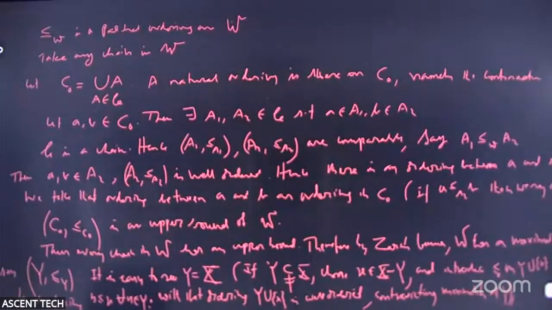After all, one question I have here. So we took A in A1 and B in A2, and we defined less than or equal to on C naught as less than or equal to B essentially, right? But C naught is a union of all A's, but B can be in some other set, A3.